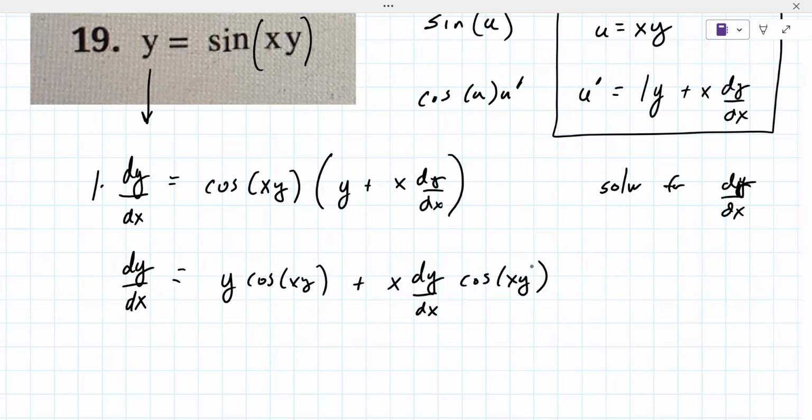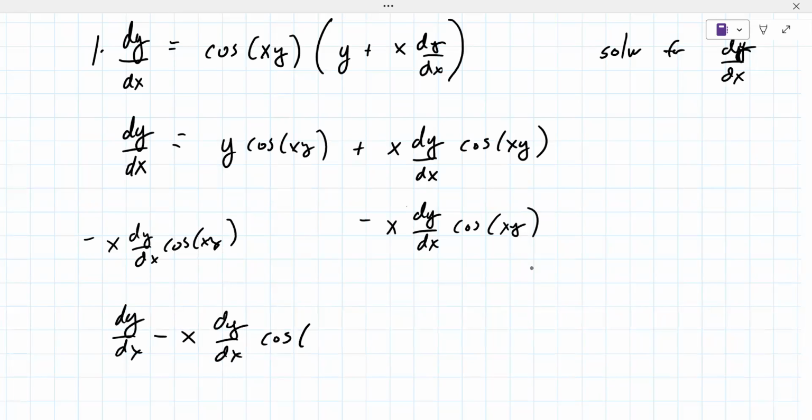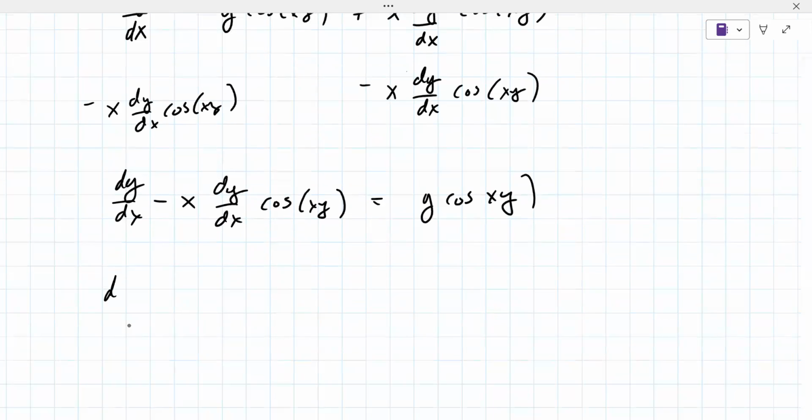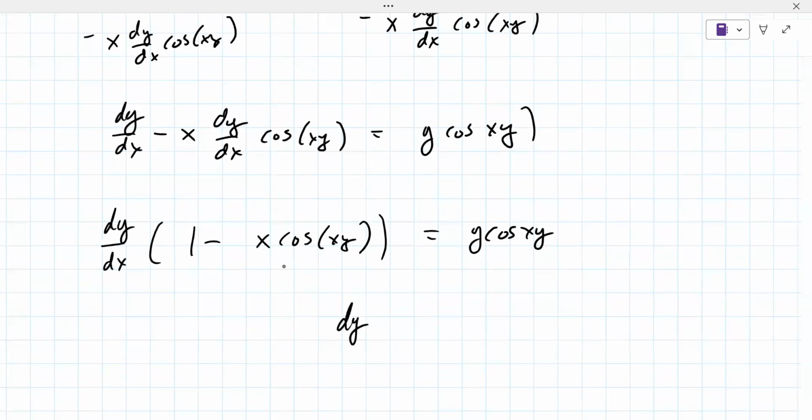So I'm going to subtract all of this from both sides. So we've got dy/dx minus x dy/dx cosine xy equals y cosine xy. And then you factor out the dy/dx on the left. 1 minus x cosine xy equals y cosine xy. And then you divide that out here to get this.